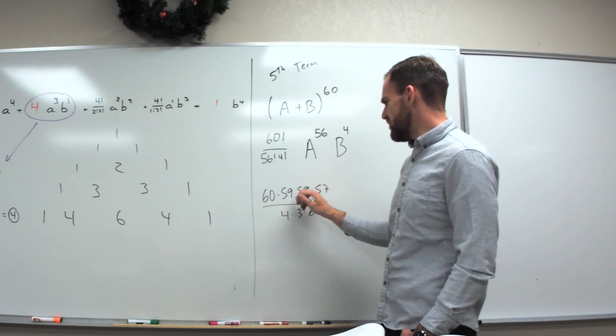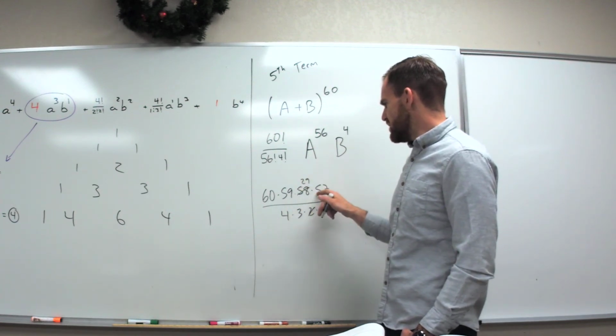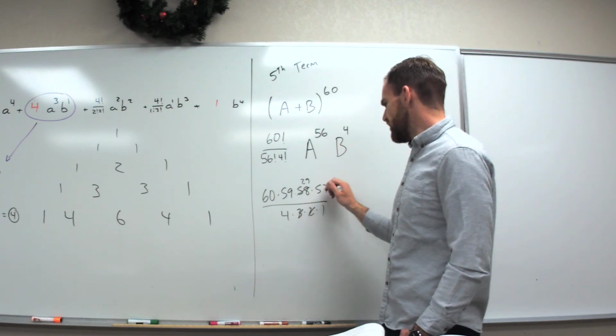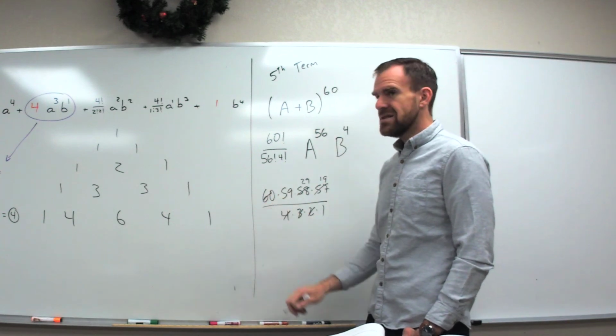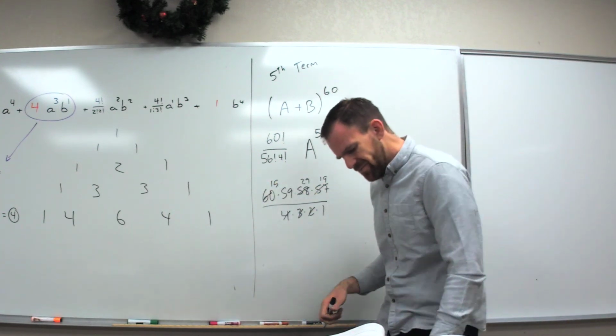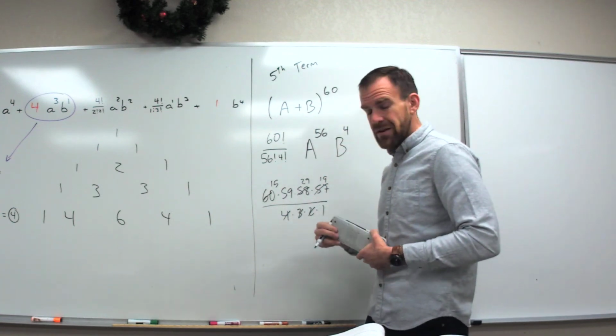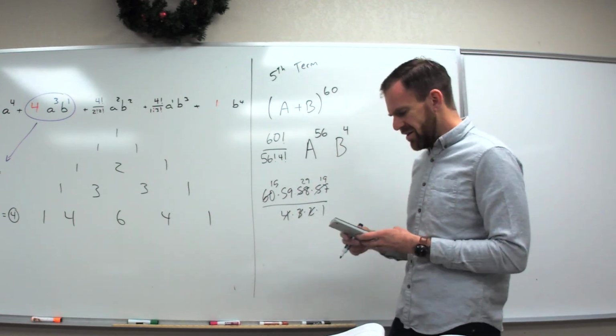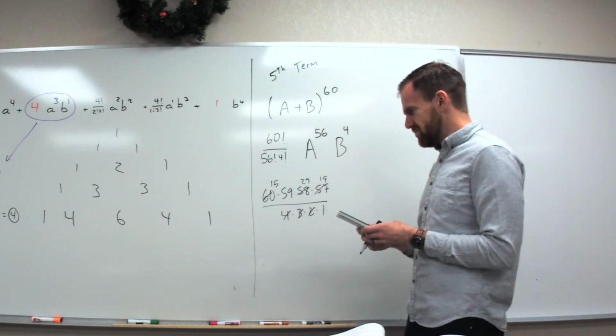Let's see, 2 and 58 will be 29. 3 and 57 should be 19. 4 and 60 should be 15. And you can multiply those out. I would use a calculator at this point. In fact, you could program this whole problem into your calculator. There we go.